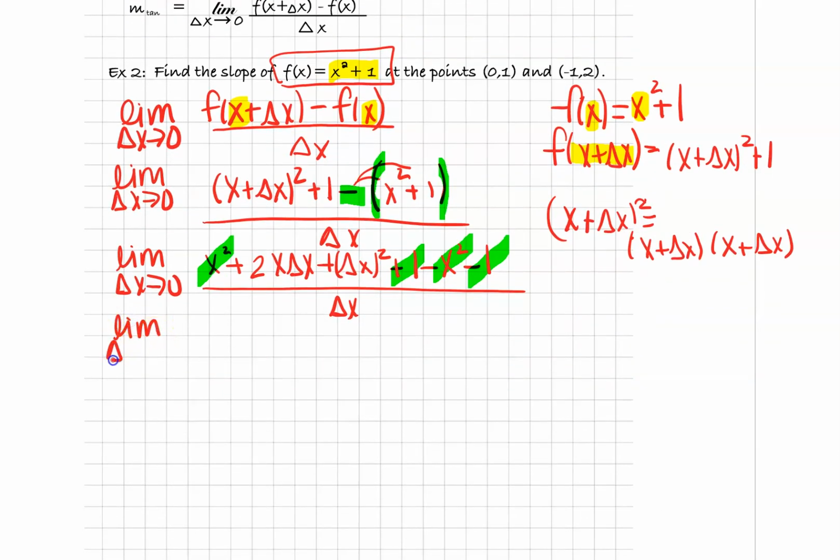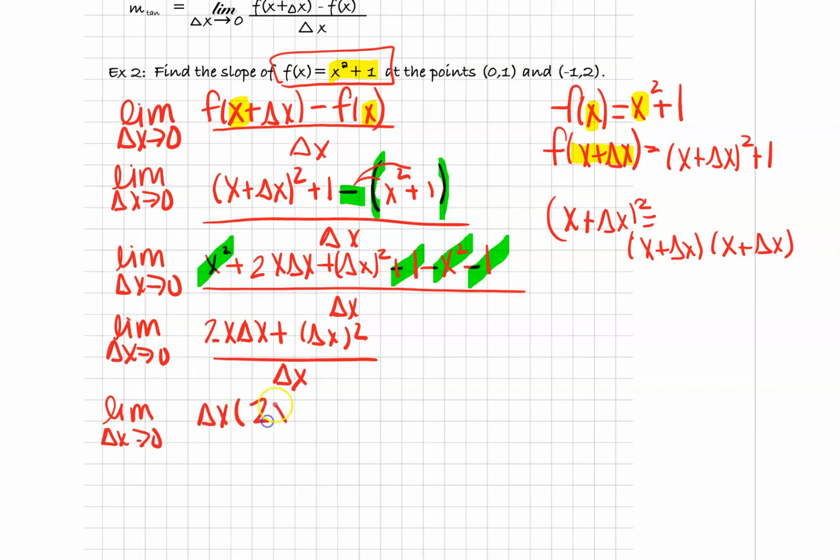The limit as delta x approaches 0 of what's left over, 2x delta x plus delta x squared all over delta x. Then here's your next checkpoint. You'll be able to factor out a delta x. So that gives me delta x parentheses 2x plus, I still have a delta x there, all over delta x. So that's your next checkpoint, that you should be able to factor this one out.